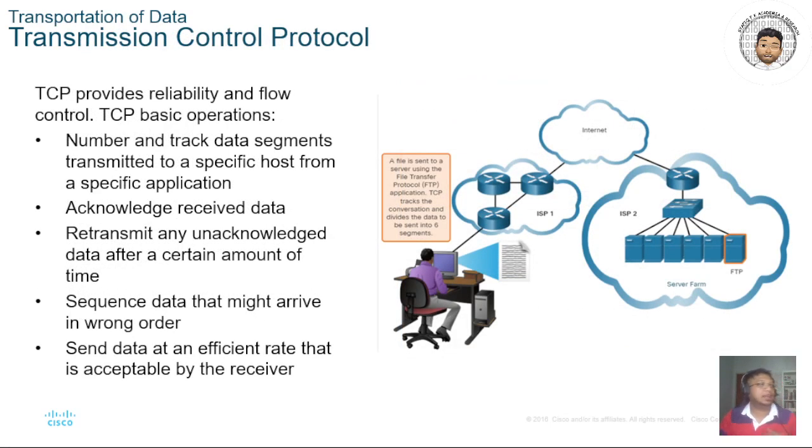So how exactly do they work? Let's take a look at the first one, which is the TCP protocol. TCP is what we call the Transmission Control Protocol. It provides reliability and flow control. What is important with TCP is that its operation involves numbering and tracking the data segments transmitted to a specific host from a specific application.